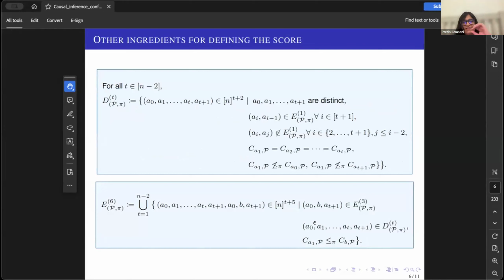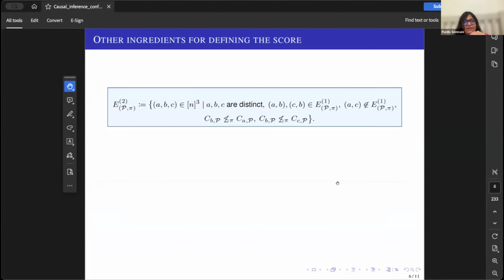I just want to mention that looking back at these sets, in order to find them for each partially ordered partition P, pi, sometimes we have to do some conditional independence testing, which isn't necessarily an easy thing to do.